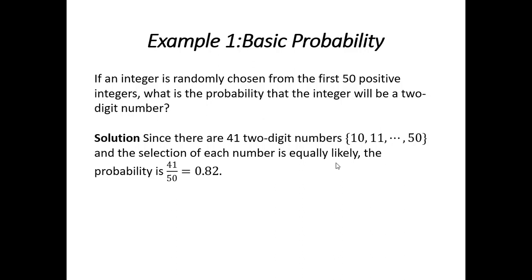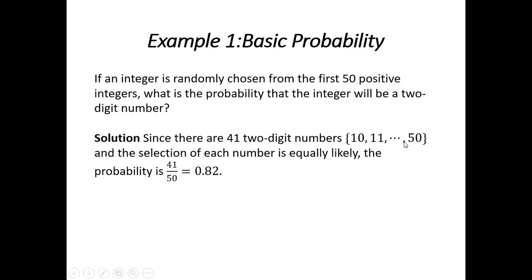All right, so here's a basic problem. Suppose an integer is randomly chosen from the first 50 positive integers. What's the probability that the integer will be a 2-digit number? Well, we know that in this set of 50 positive integers, there are 41 2-digit numbers.